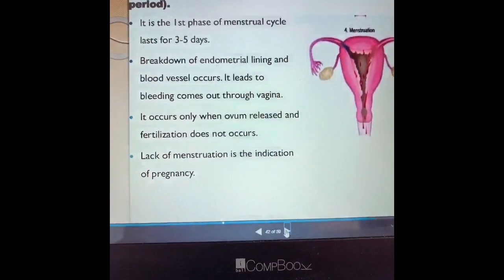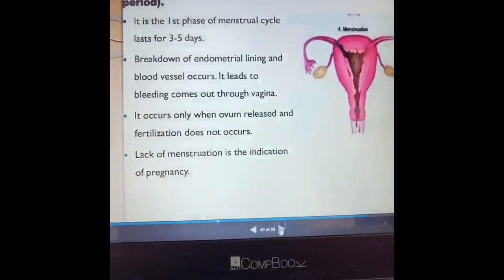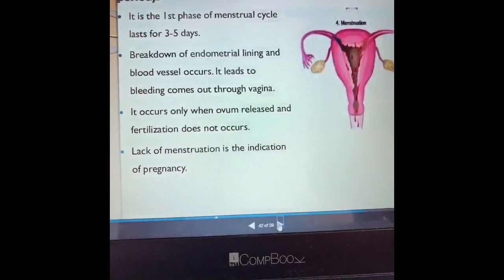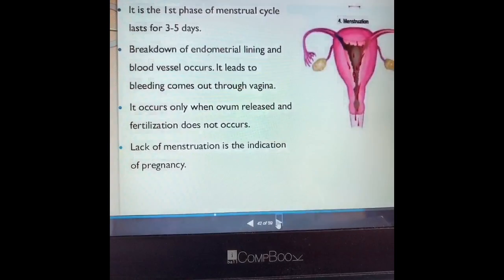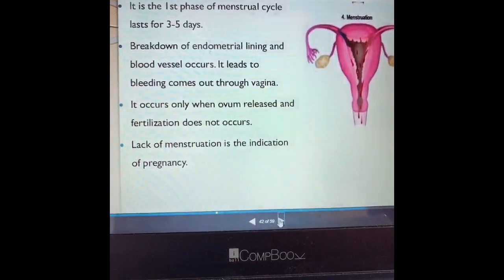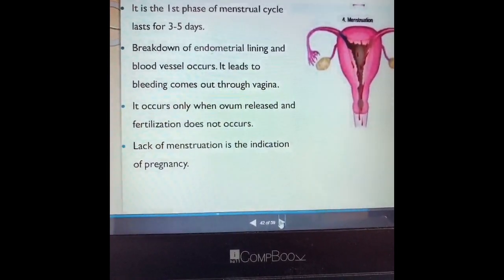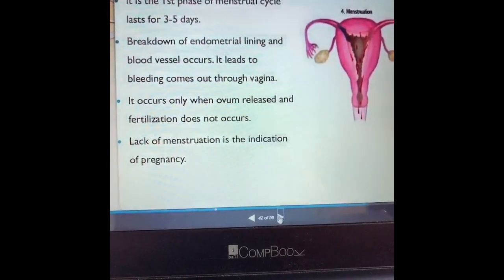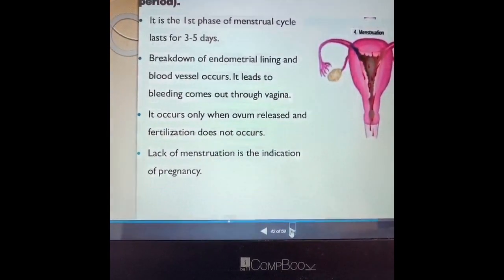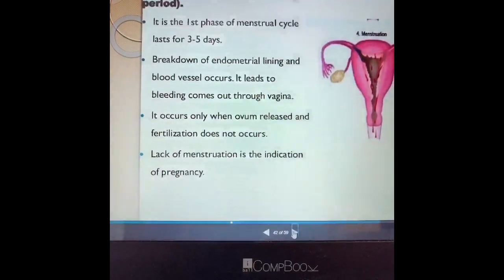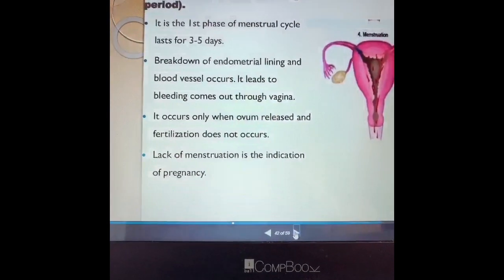So the first phase is the menstrual phase or the bleeding period. Now, if fertilization does not occur, the unfertilized egg undergoes autolysis. The reduction of the luteinizing hormone, which we saw in the previous graph, causes regression of the corpus luteum.